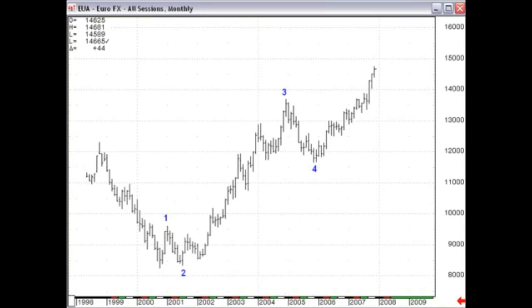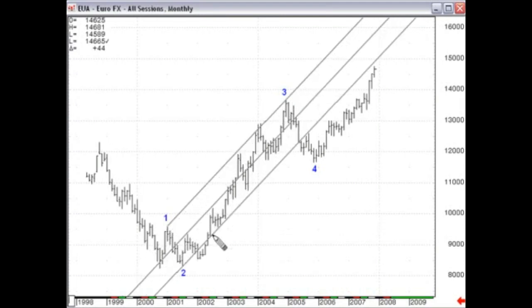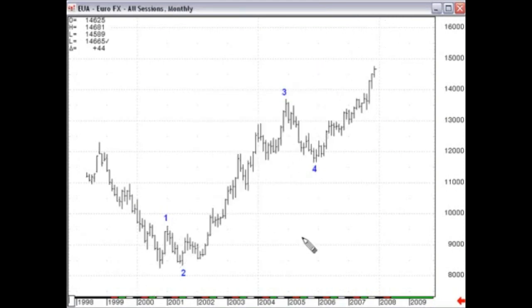Your first price channel you're going to draw is going to be, again, your temporary or your initial price channel. And again, simply connect the extremes of waves 1 and 3. Now, as I mentioned previously, sometimes when that lower boundary line of your initial or temporary price channel is penetrated, you can measure or get an idea of the extent of throw under by simply doubling the width of that price channel.